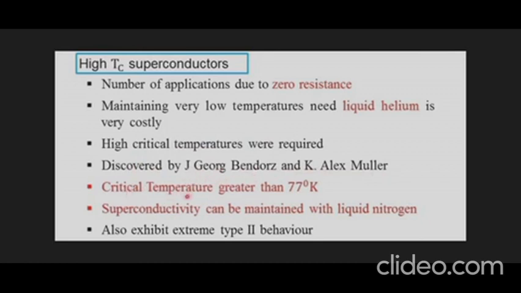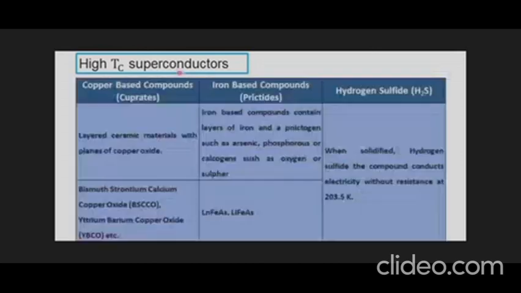In addition to the high critical temperature, it also exhibits extreme type 2 behavior. The high Tc superconductors are divided into three groups: first, copper-based compounds; second, iron-based compounds; third, hydrogen sulfide.